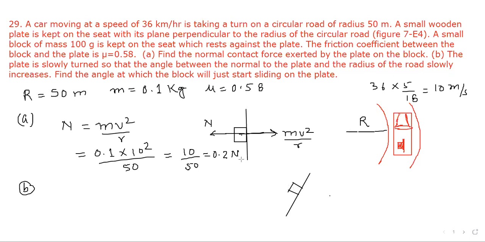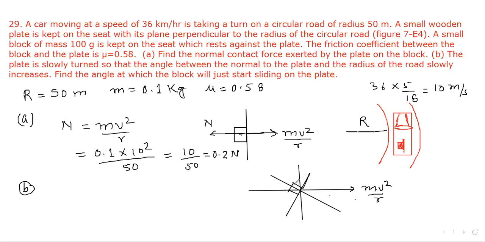Now again we consider normal, and this force mv square upon r remains in the same direction. This is perpendicular line. So here mv square upon r will act like this.